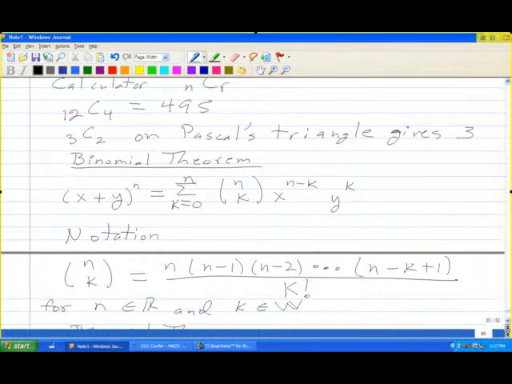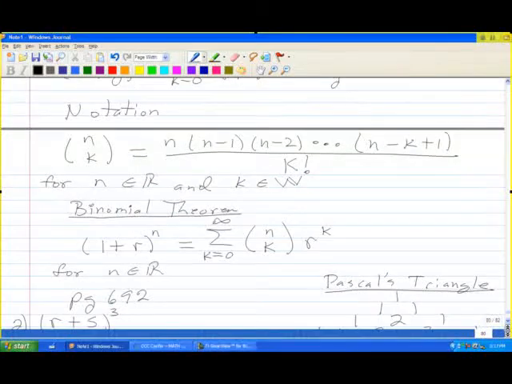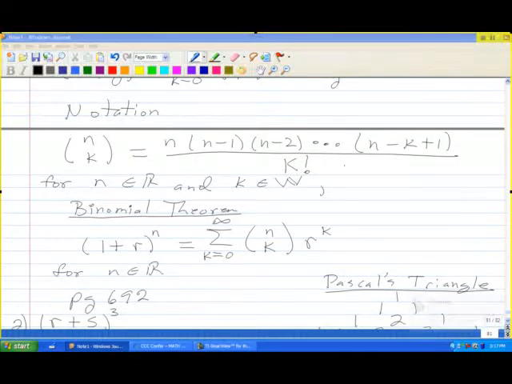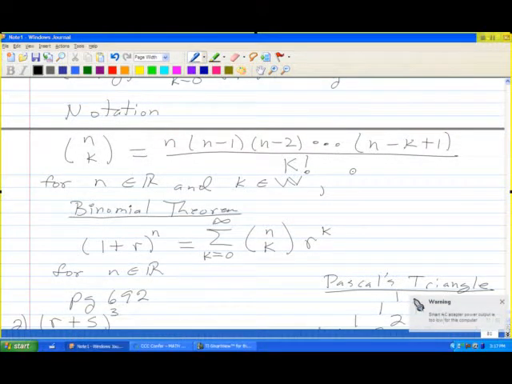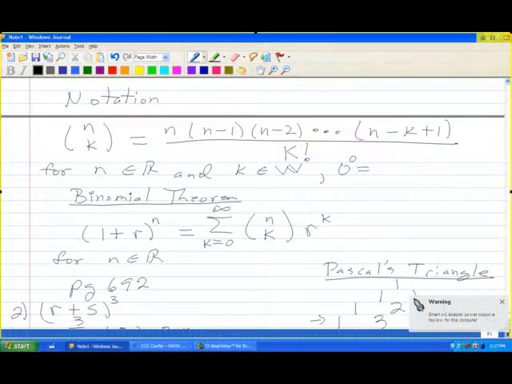oh, and by the way, the assumption here in the binomial theorem is that we assume 0 to the 0 is equal to 0 or 1 to make the formula work.